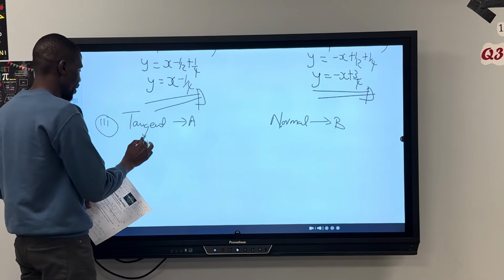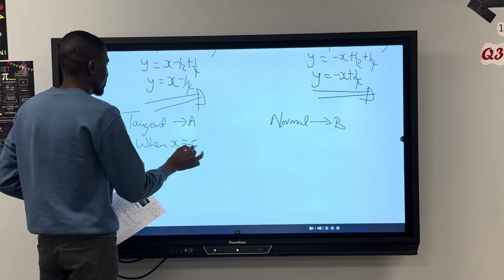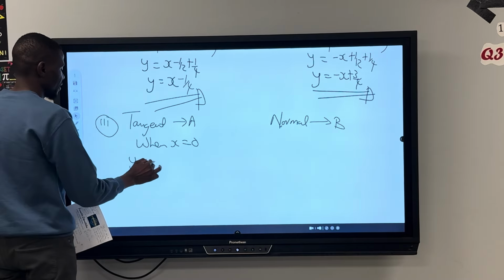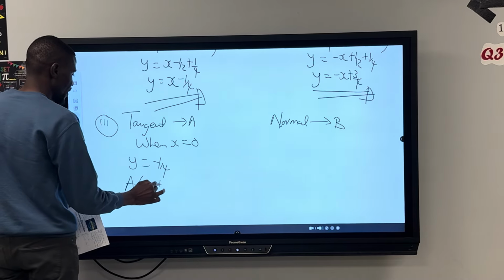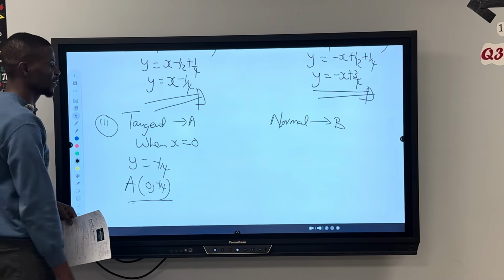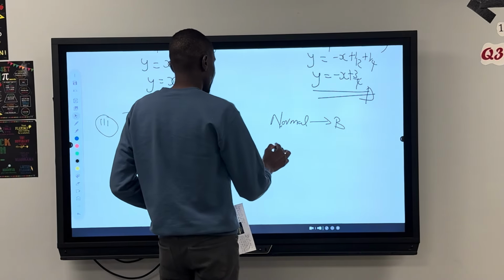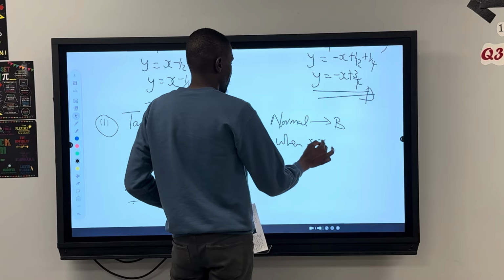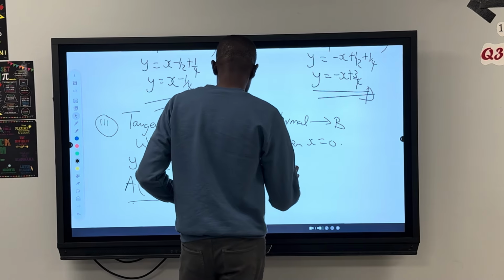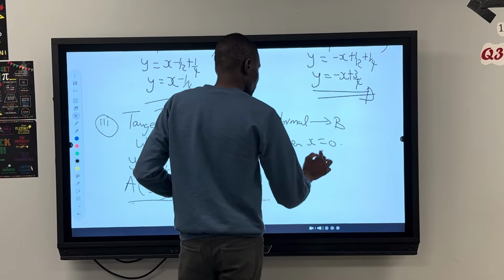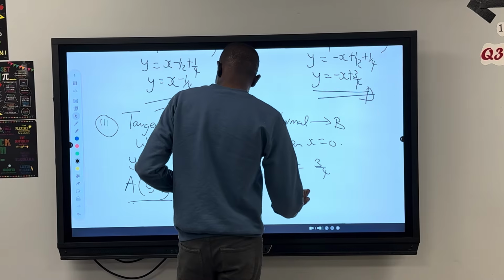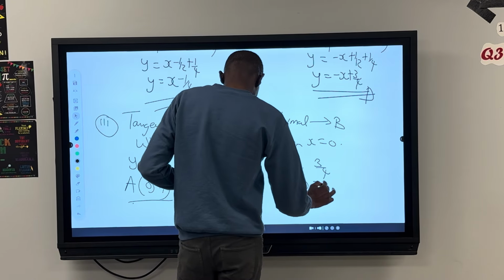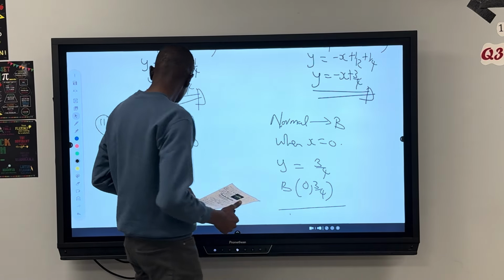So here, when x is equal to 0, y is equal to minus 1 over 4. So the point A is (0, negative a quarter), right? Then we do the same when x is 0 here, so y is equal to 3 over 4. So point B is equal to (0, 3 over 4), right?